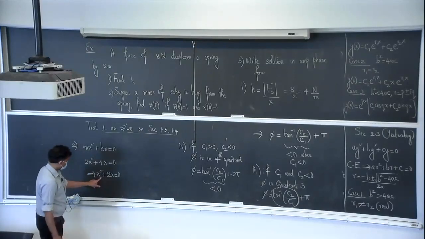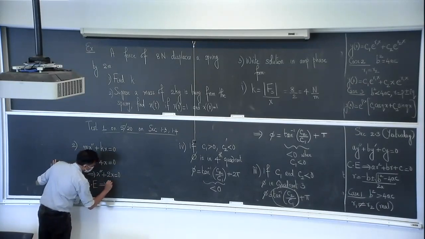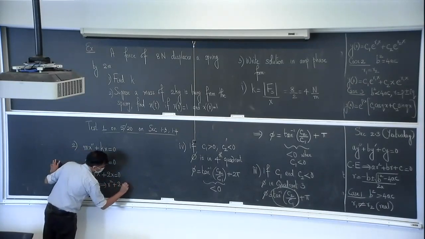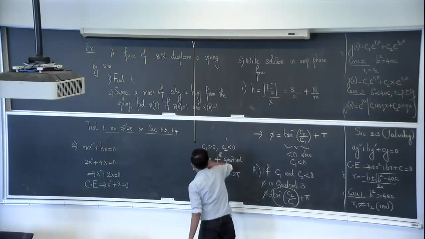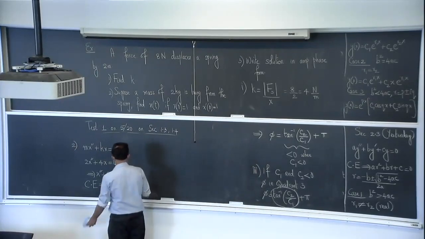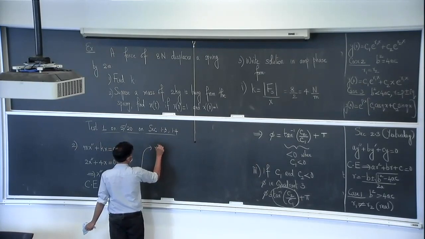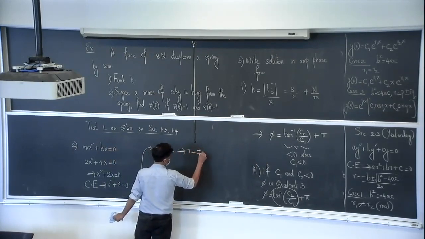The characteristic equation is r squared plus 2, not 2r. Okay. Equal to 0. So r squared is -2. r equal to plus or minus the square root of 2 i.